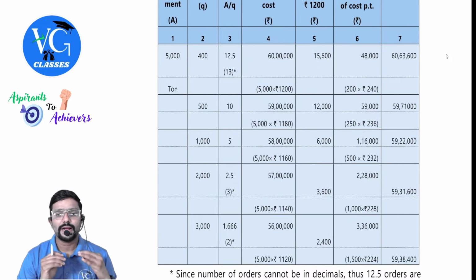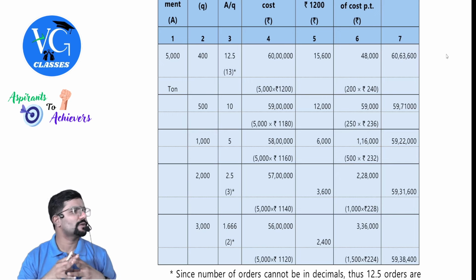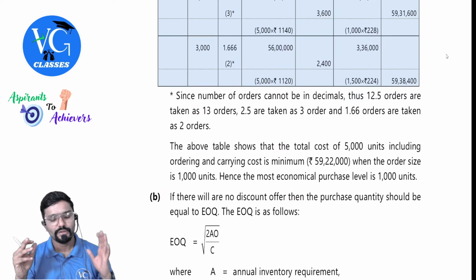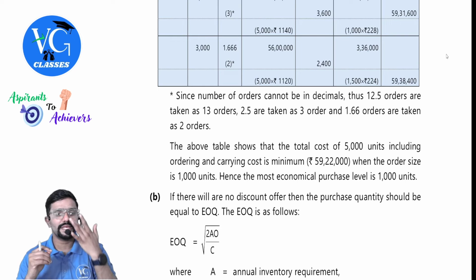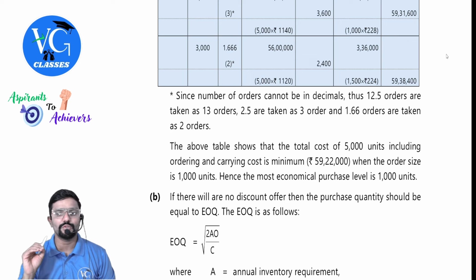Cost is minimum at 1,000 units, guys. So, which is the most economical quantity? 1,000 units, guys. That is the conclusion. The above table shows that the total cost of 5,000 units, including ordering and carrying cost, is minimum, that is 59,22,000, when the order size is 1,000 units. Hence, the most economical purchase level is 1,000 units.